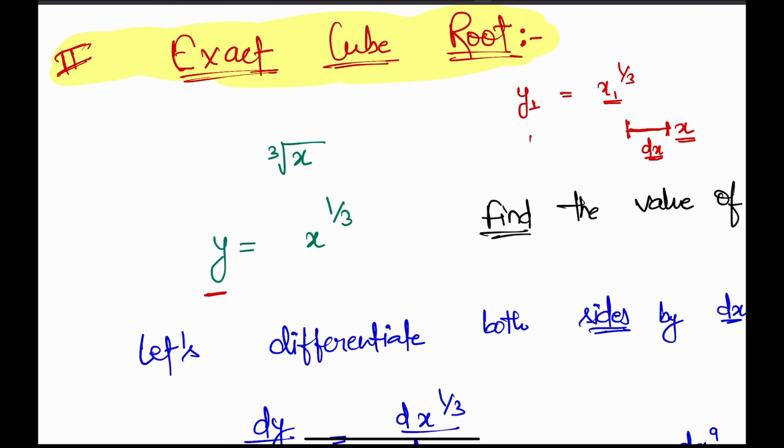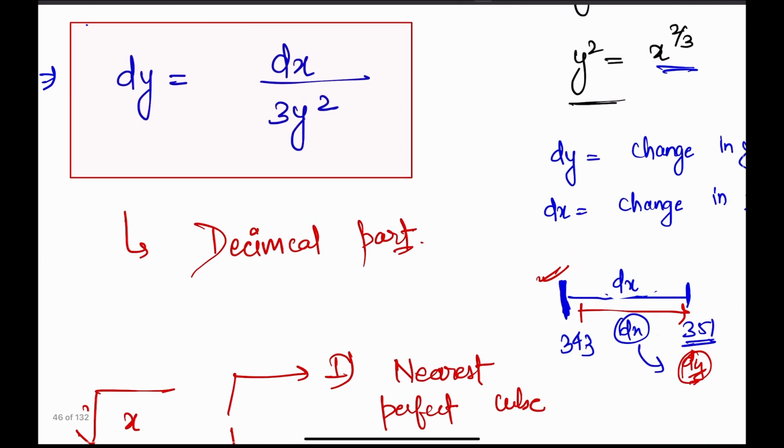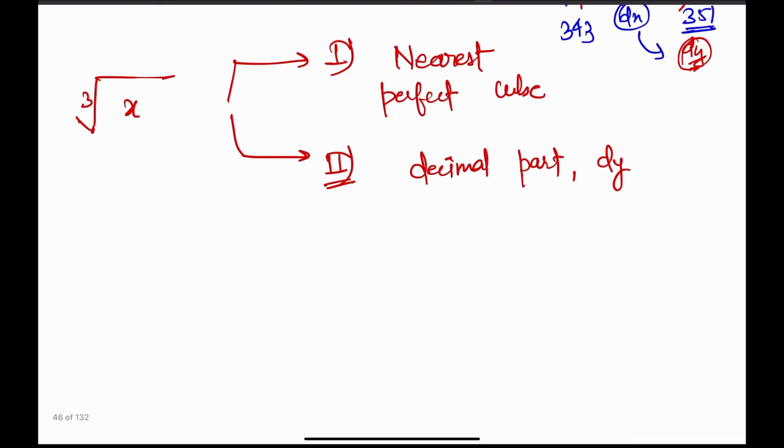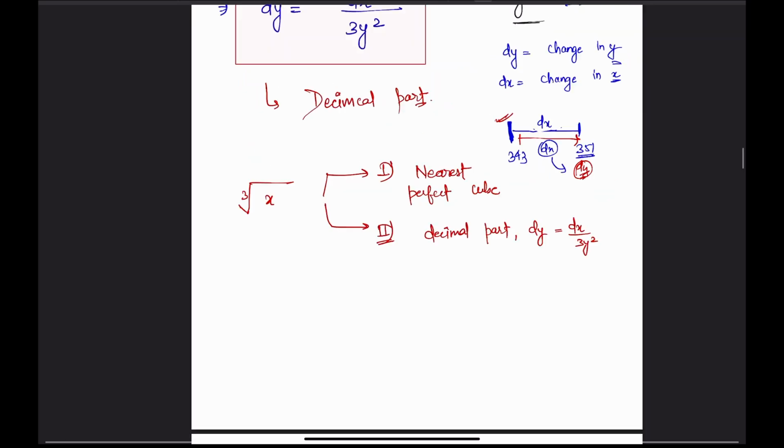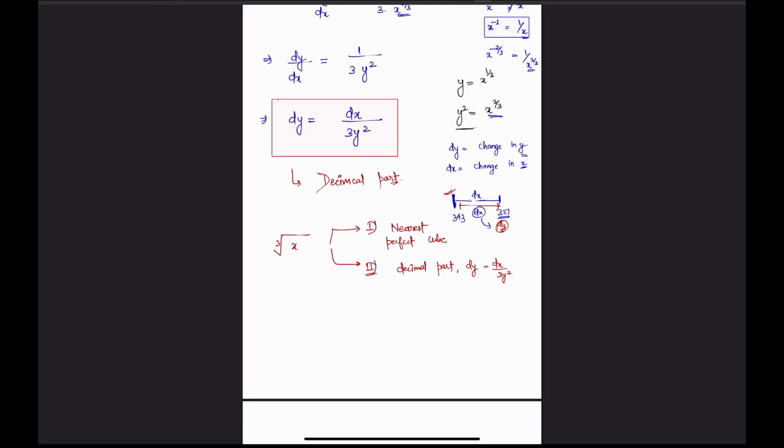So how much will be the difference between the value of y1 and the actual value y? That will be dy, and this dy we are going to find with the help of this formula. So dy equal to dx by 3y square. So let's understand this same concept with the help of one example.